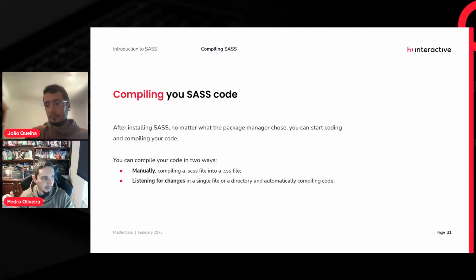But if you go with the command line approach, you can choose to do it manually and convert a SASS file or a folder into a single CSS file, or if you prefer, you can have a listening event running in the background, and every time you change a specific SASS file, the preprocessor compiler is looking at that file or folder and will compile the code automatically for you.